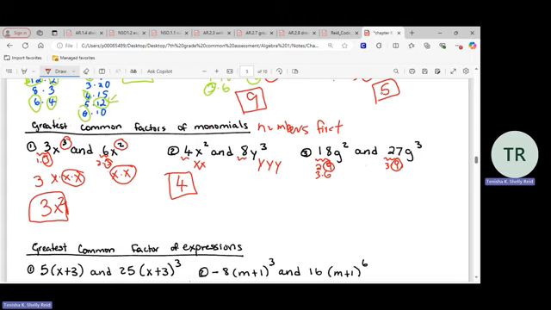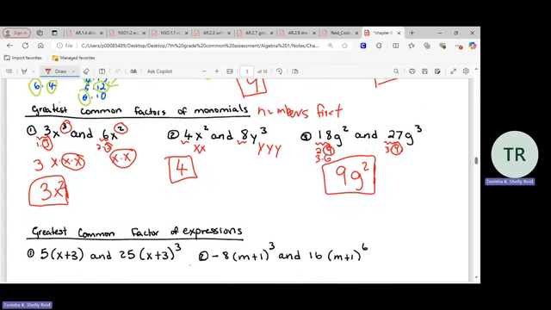This process is just to help you if you don't know. So numerically, 9 is the greatest factor. And then between g squared and g cubed, this one has 2 g's to give, and this one can give 2 g's and have 1 left over. So the greatest common factor you could factor out will be g squared. 9g squared is the answer.